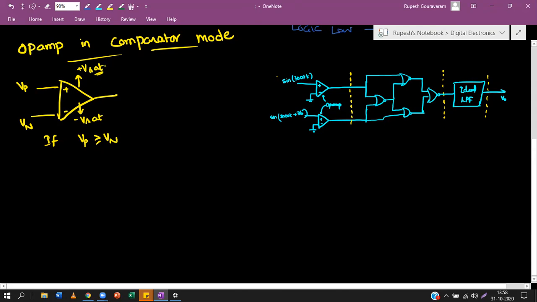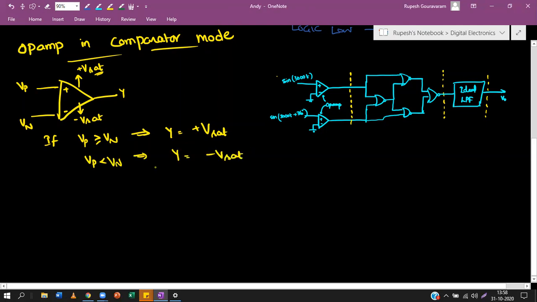So this plus VSAT and minus VSAT will appear based on this: if VP is greater than or equal to VN, then output Y is equal to plus VSAT. If VP is less than VN, then the output Y is equal to minus VSAT.